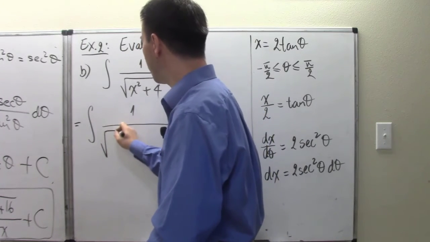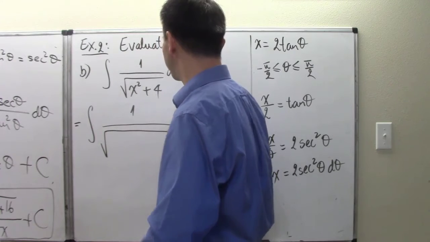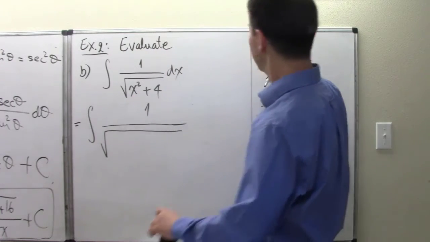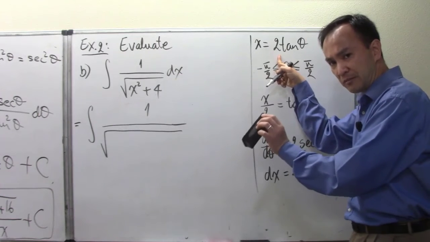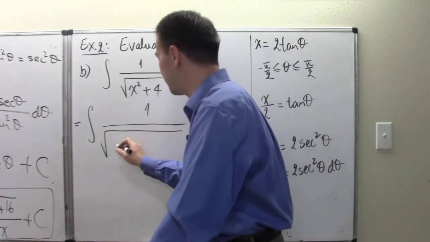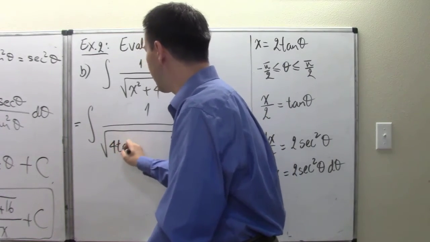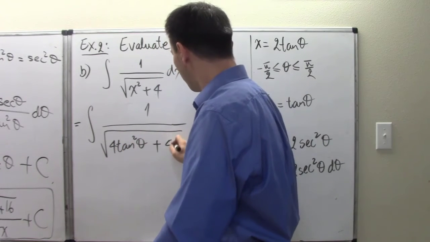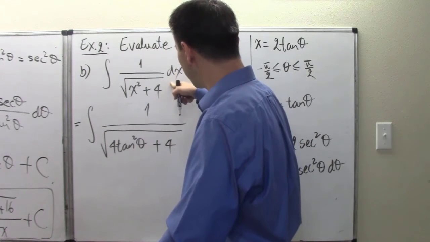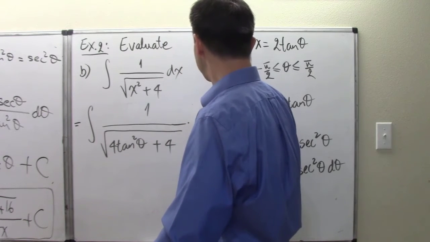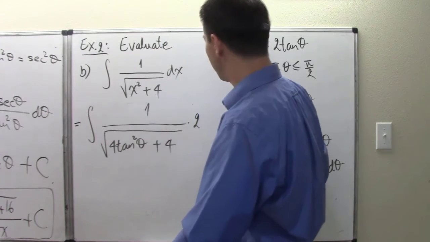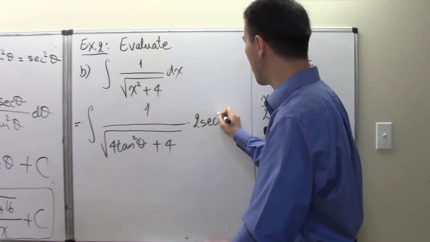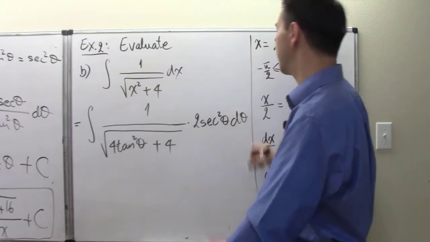The square root in the denominator now becomes: x squared, where x is substituted by 2 times tangent theta, so x squared has to be 4 times tangent square theta. Then we're going to add the other 4. And dx here must be substituted by 2 times secant square of theta with a d theta expression.